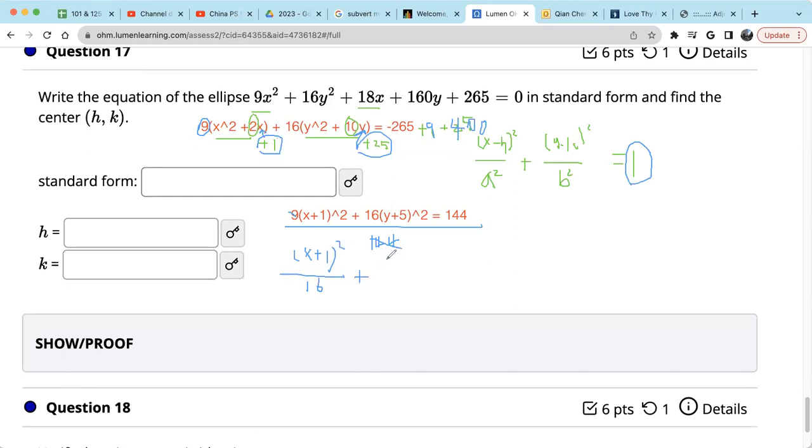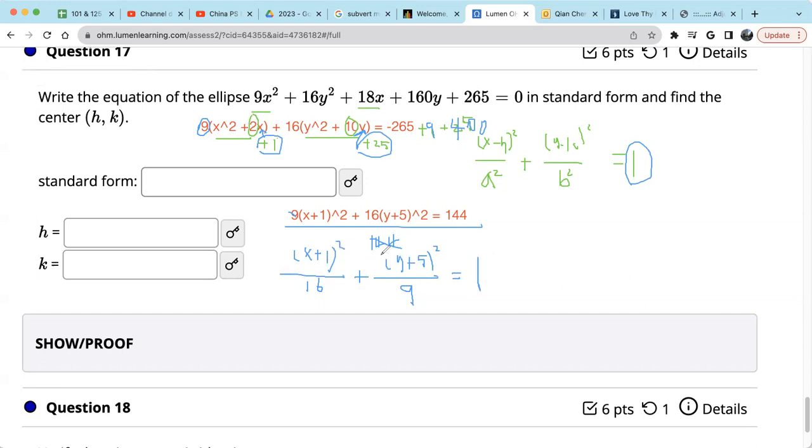Then the y term is y plus 5 squared divided by 144 divided by 16, that's 9. Now 144 divided by 144, that's 1. So now we're in the standard form.